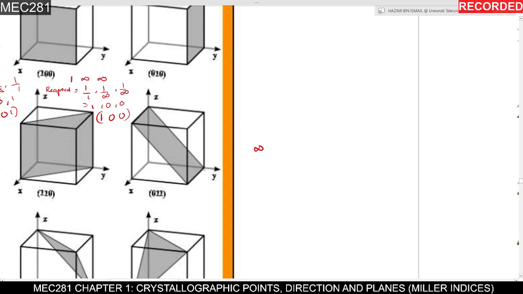For the y, it is at number 1 here, and for the z-axis, it intercepts at 1. So you have to do the reciprocals: 1 over infinity, 1 over 1, 1 over 1. So this is 0, this is 1, this is 1. So the final one is (0, 1, 1). Is it correct? Yes.